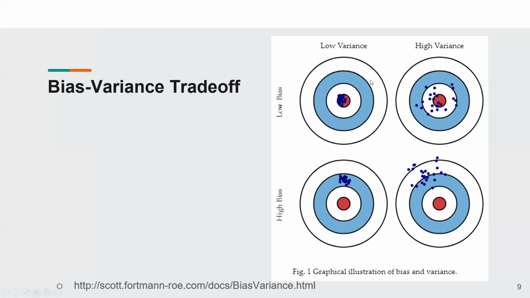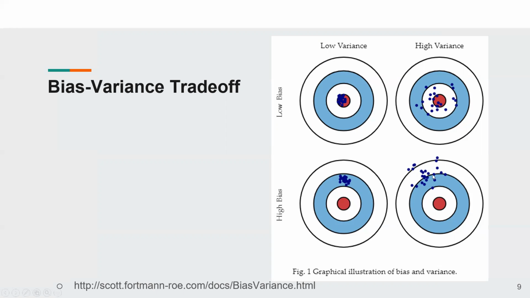How about the other way? Let's look at the one on the top right. It has low bias. It's close to your target, but it has a lot of variance. Some of them are a little further away in different directions. That's called low bias and high variance. And then high bias and high variance, bottom right.